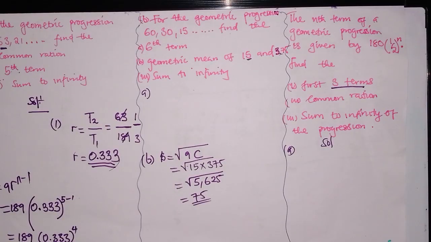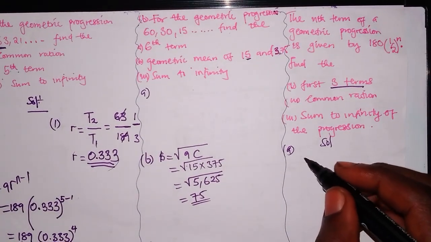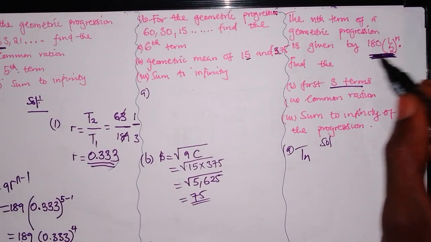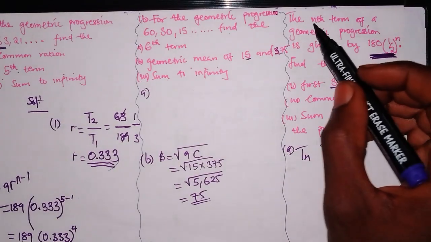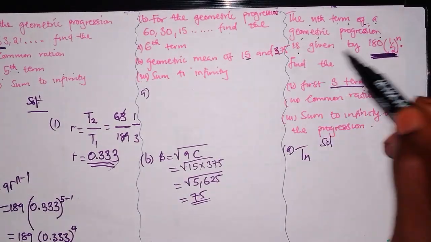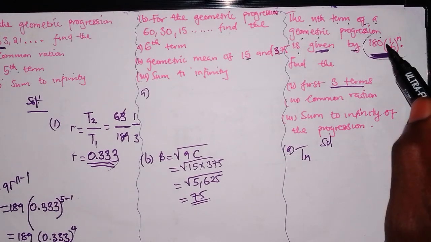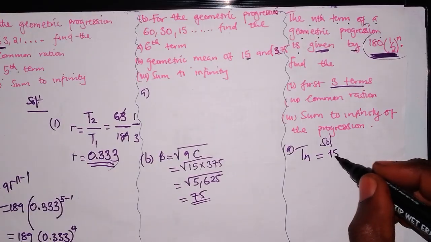So we are going to find the first 3 terms using the formula. Our formula is not the normal one, because the question is saying the nth term of a geometric progression is given by this. So meaning this is the formula they used. You are going to copy it.